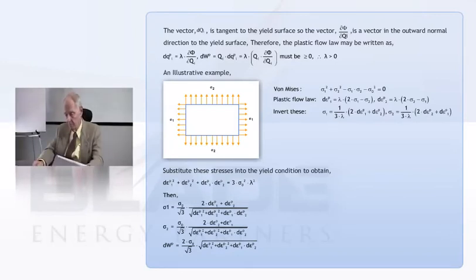Okay, then on the next page, he works out something that is sort of useful. It gives some detail about how you might actually go about working out something for an incremental loading. And what he's got here is a two-dimensional problem, and he's got a sigma 1 and a sigma 2 as principal stresses.